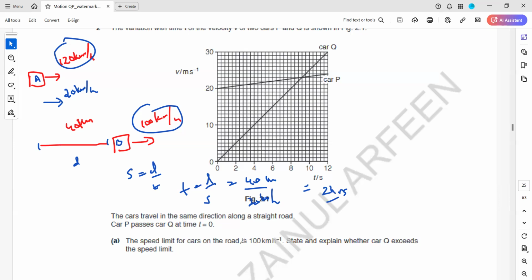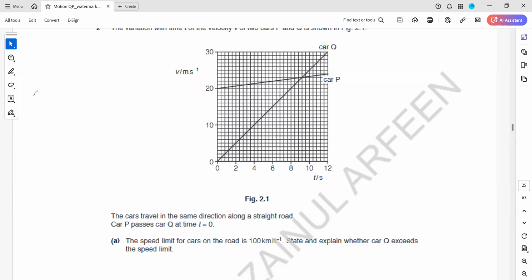Whenever two objects are moving in the same direction, we take the relative speed by subtraction. But what if they were moving in opposite directions, and the distance between them is, say, 60 meters, and one was moving at 30 meters per second and the other at 24 meters per second?